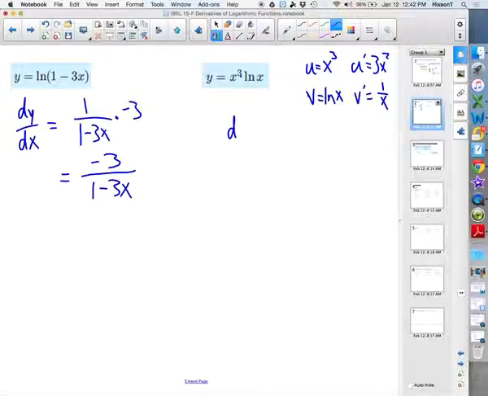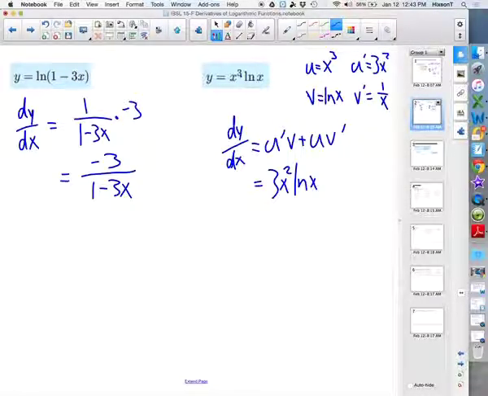So, using our product rule, dy dx is u prime v plus u v prime: u prime 3x squared times v, ln of x, plus u, x cubed, times v prime, 1 over x.